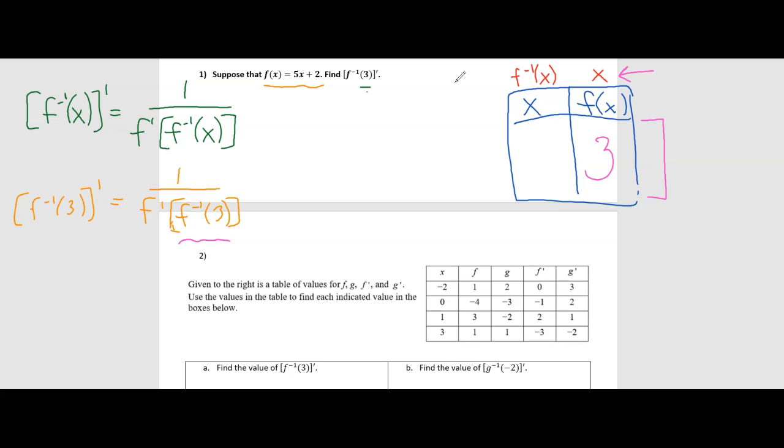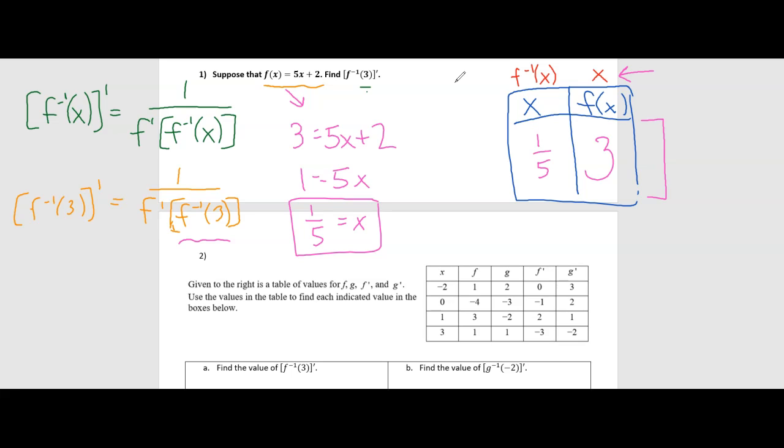To find the x value when f of x is equal to 3, I can use my original function. So instead of f of x, I have 3 is equal to 5x plus 2. So I get 1 is equal to 5x, which gives me 1/5 is equal to x. So my x value is 1/5.